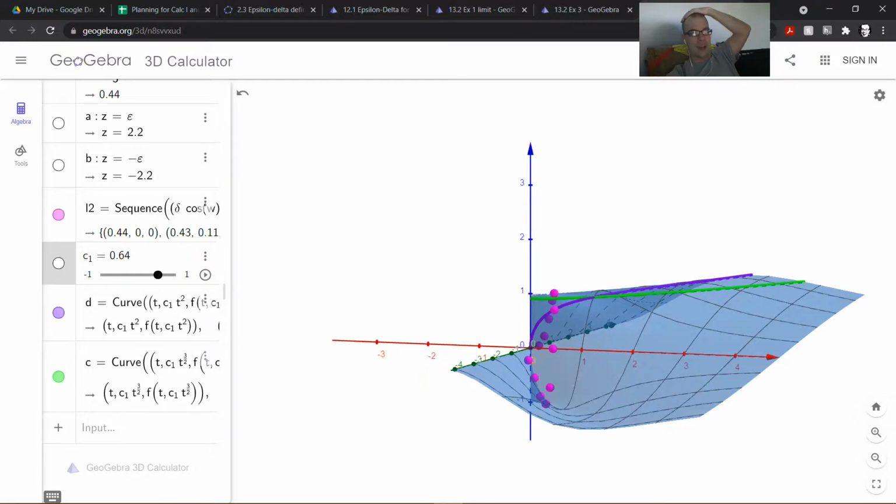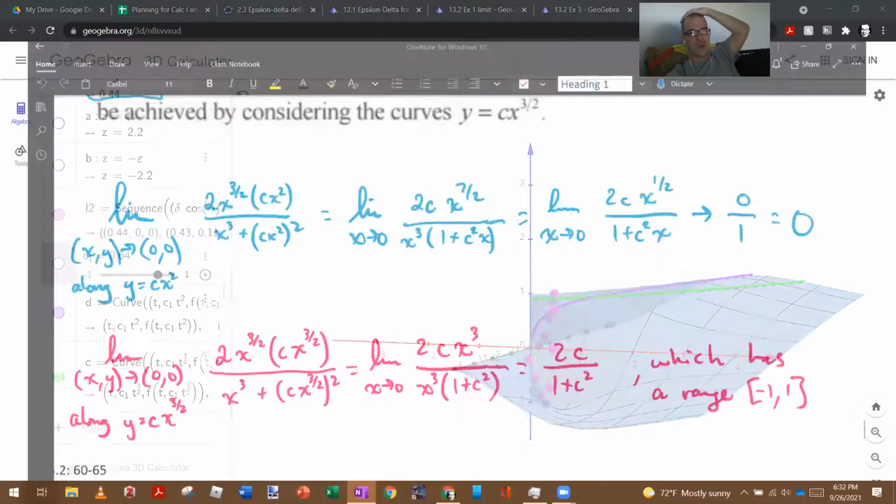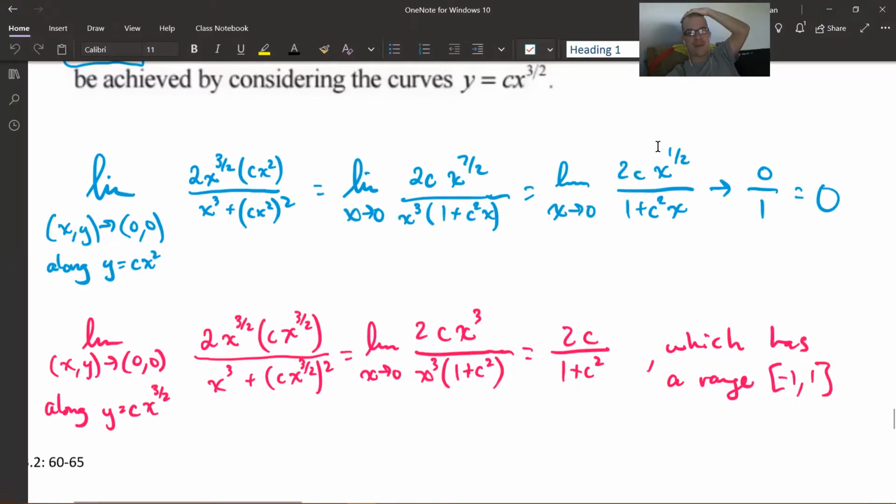And so, yeah, when you have mismatched degree on top and bottom, you can have that kind of a diving thing happening as x goes to 0.